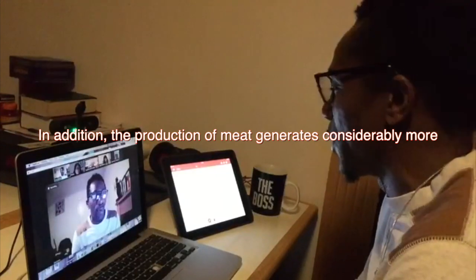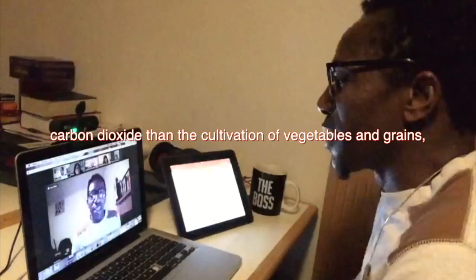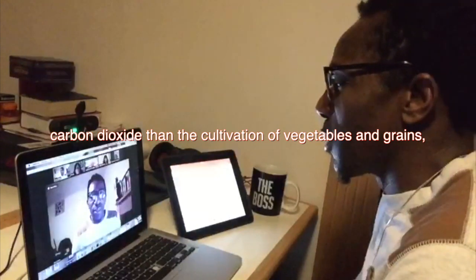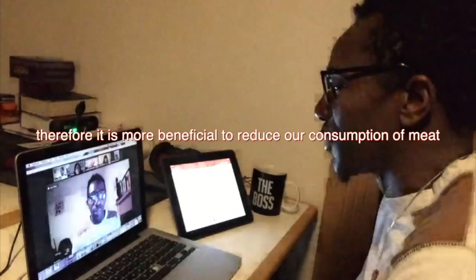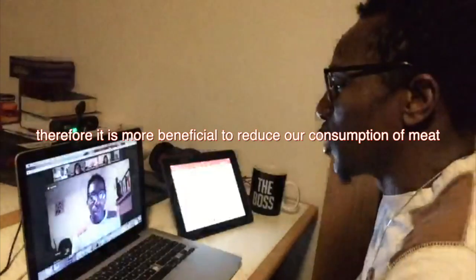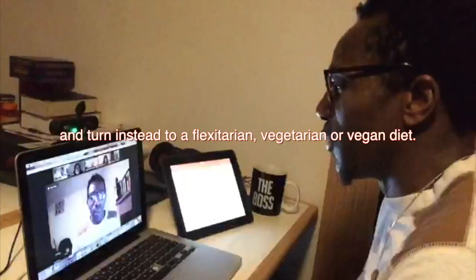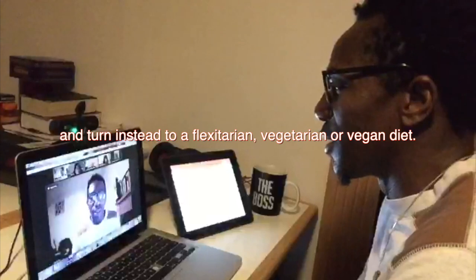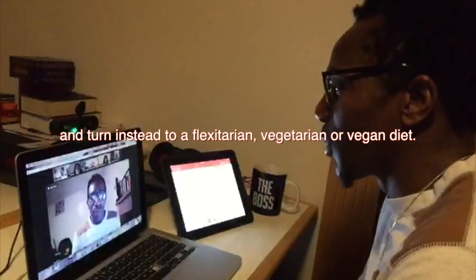In addition, the production of meat generates considerably more carbon dioxide than the cultivation of vegetables and grains. Therefore, it is more beneficial to reduce our consumption of meat and turn instead to a flexitarian, vegetarian, or vegan diet.